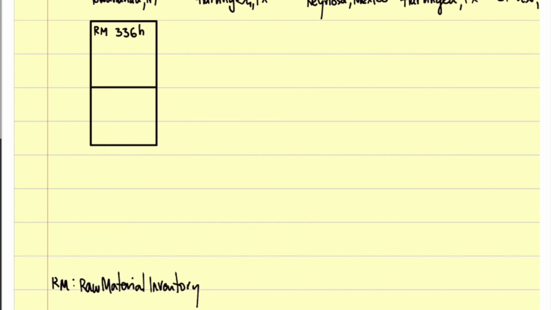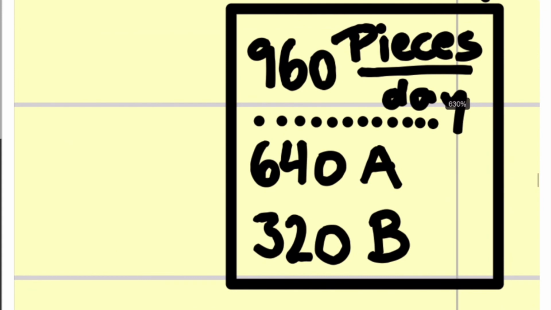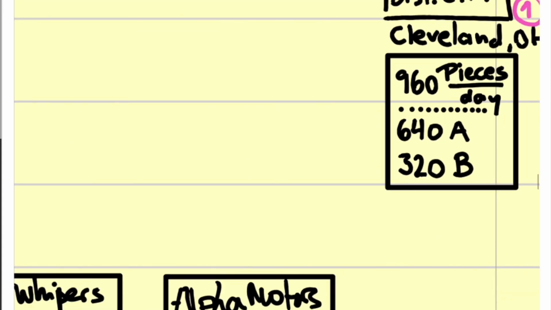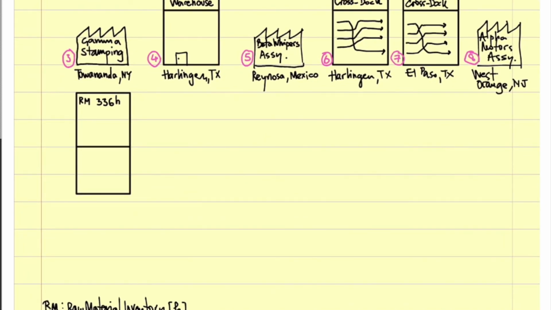What's that mean? Can somebody tell me? This is the amount of time that the raw material helps me cover this demand. So if the customer demand changes, my raw material hour inventory changes. This is the coverage time. Does it make sense?